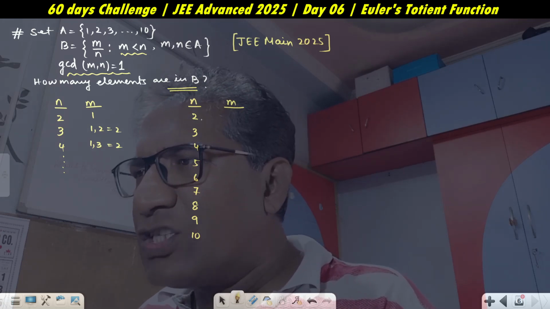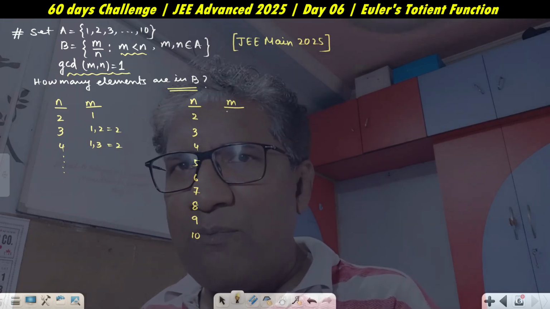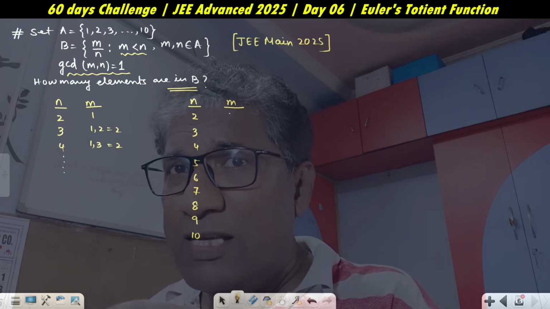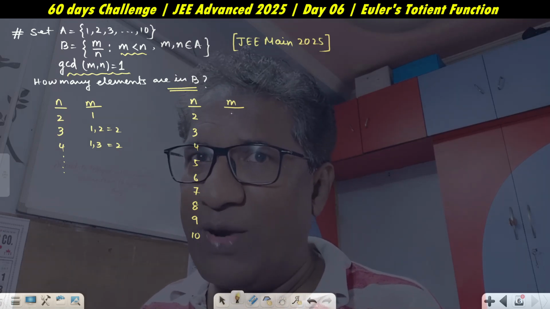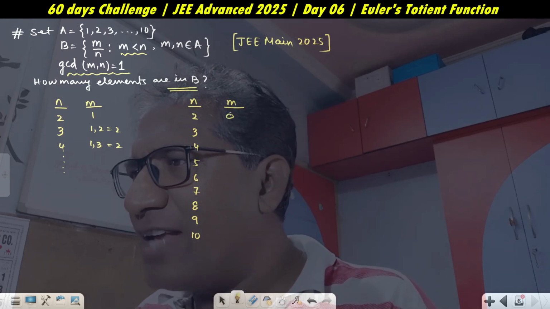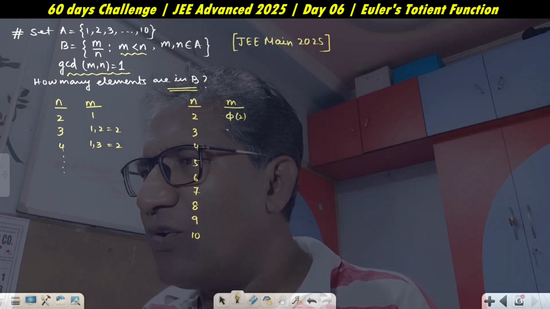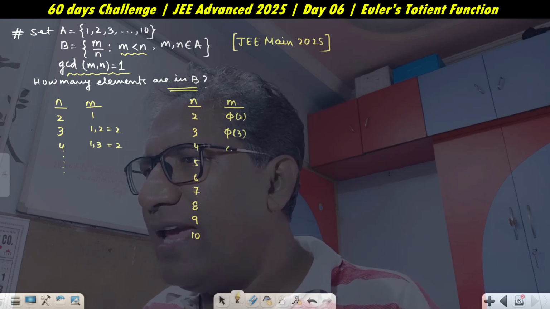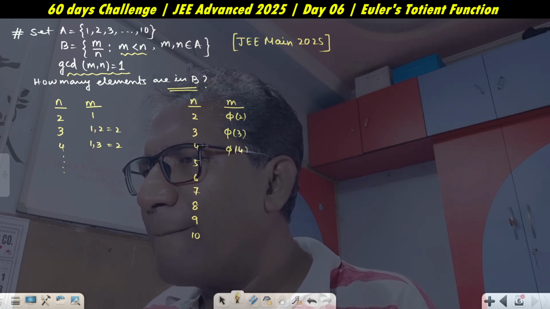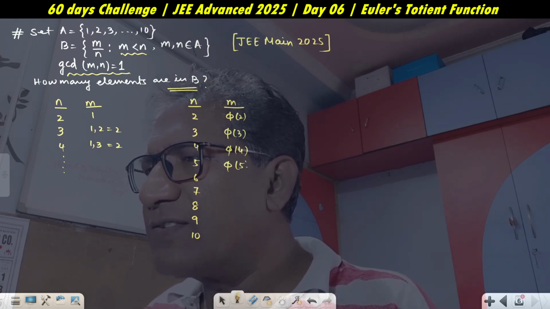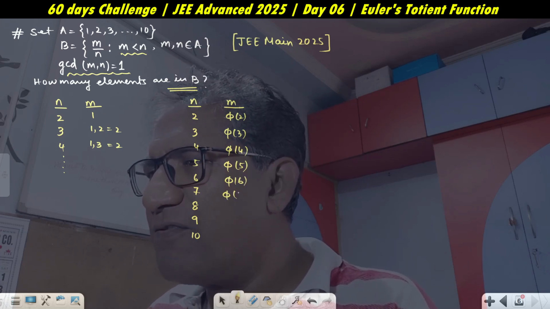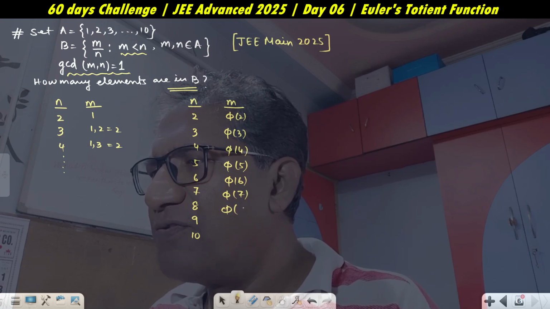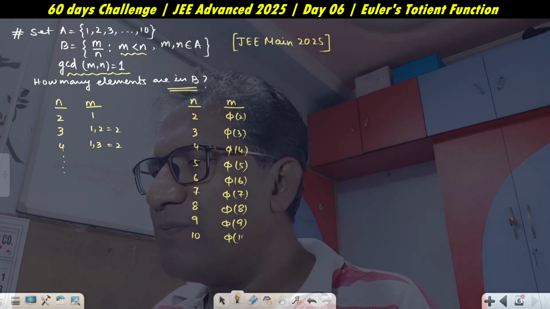So when it is 2, you have to choose m which is co-prime, I mean the numbers which are less than 2 but co-prime to it. So we are actually finding phi 2. Here it is phi 3. Here it will be phi 4. It is phi 5, phi 6, phi 7, phi 8, phi 9 and phi 10.